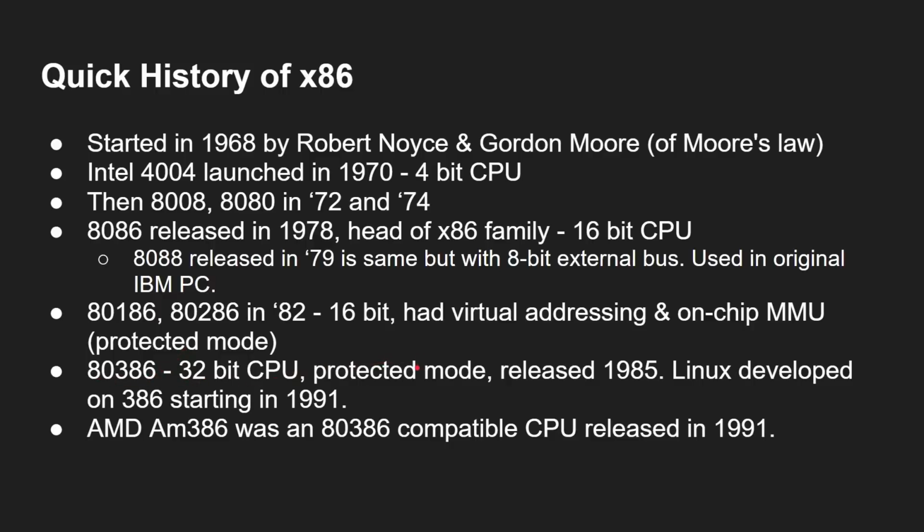It's got this protected mode with the onboard MMU. That was released in 1985 and was an incredibly successful processor. In fact, it's the processor that Linus Torvalds used to develop Linux, and of course the rest, as they say, is history. As all that was going on, AMD were also around. They released the AM386, a 386 compatible, in 1991.